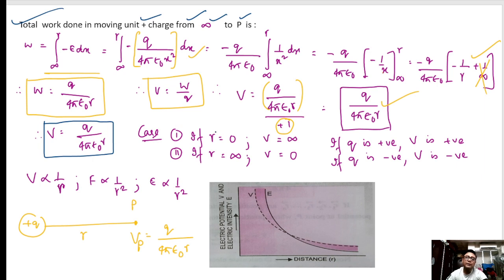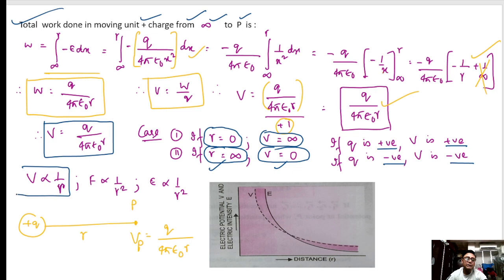Now watch here, if R is 0, potential is infinite. If R is infinity, potential is 0. That means at infinite distance from Q, the potential is 0. If Q is positive, V is positive. If Q is negative, V is negative. So this is the relation for the potential.